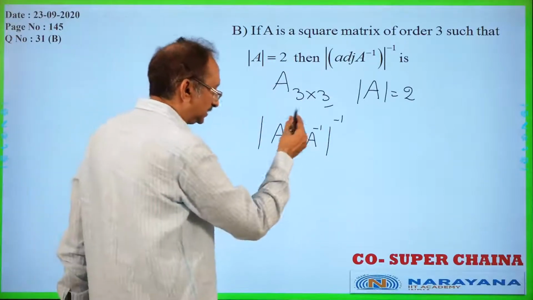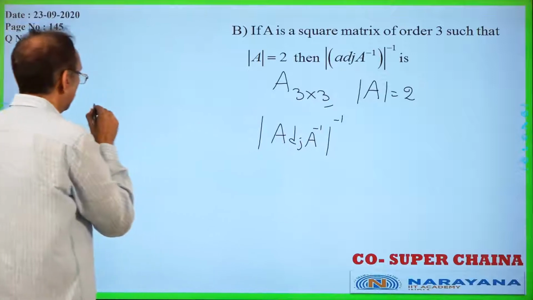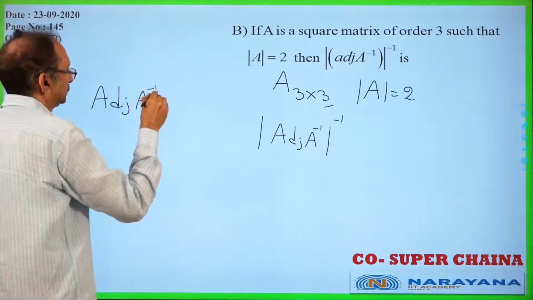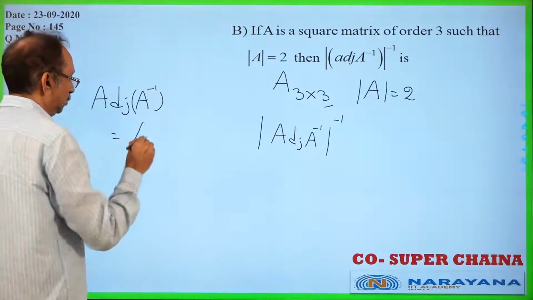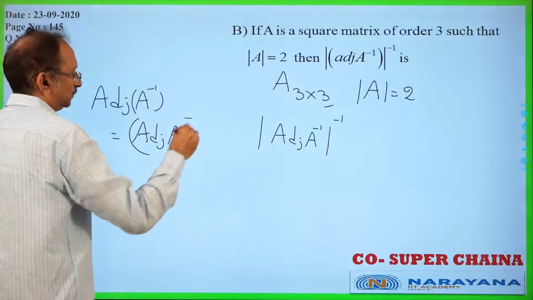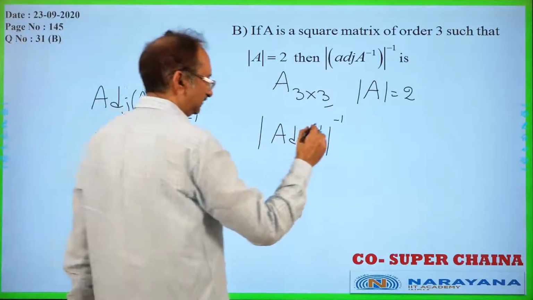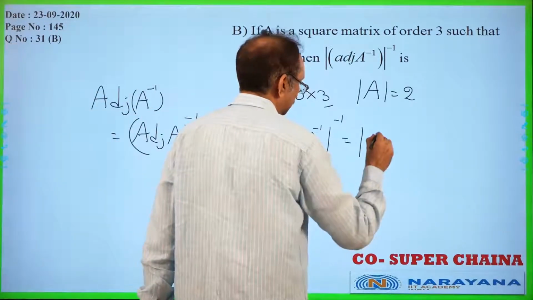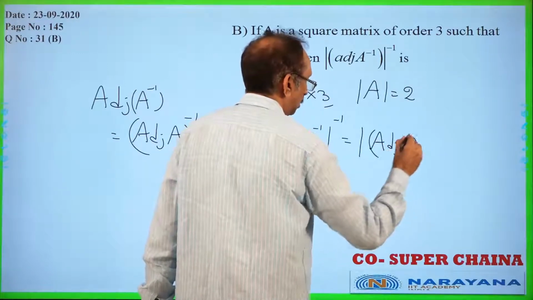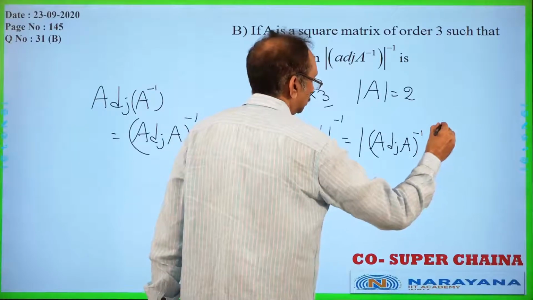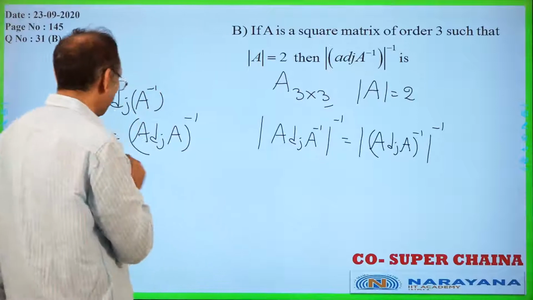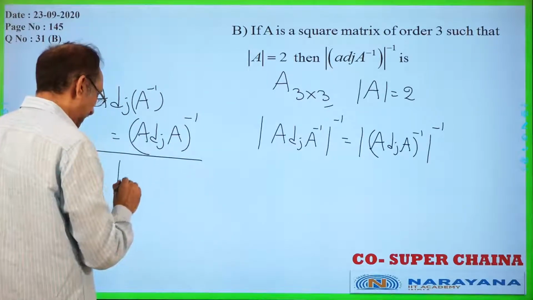First of all we see this. What is the formula for adjoint A inverse? Adjoint A inverse is equal to adjoint A whole inverse. Therefore, this can be written as adjoint A whole power minus 1, whole power minus 1. And the next property is det A inverse.